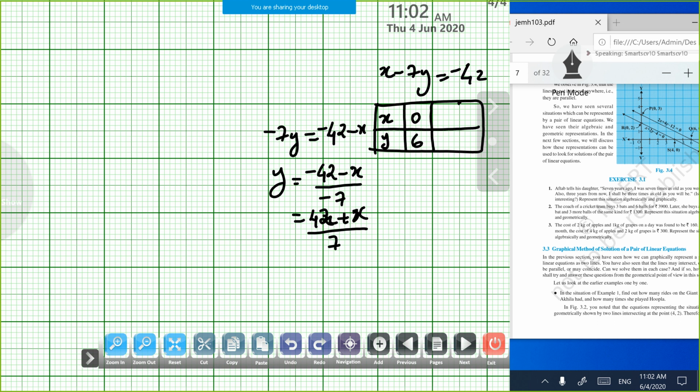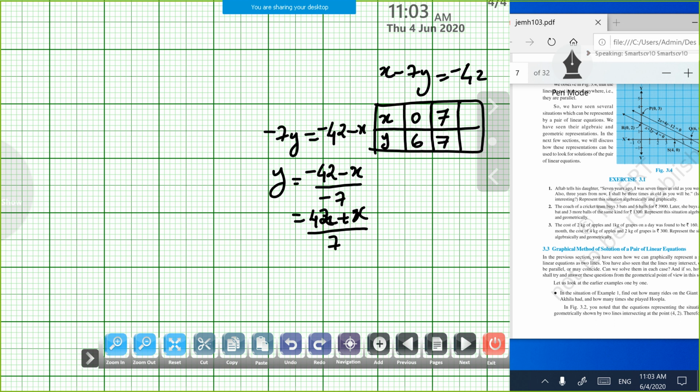Then next, x is equal to 7. 42 plus 7 is 49, divided by 7 is 7.